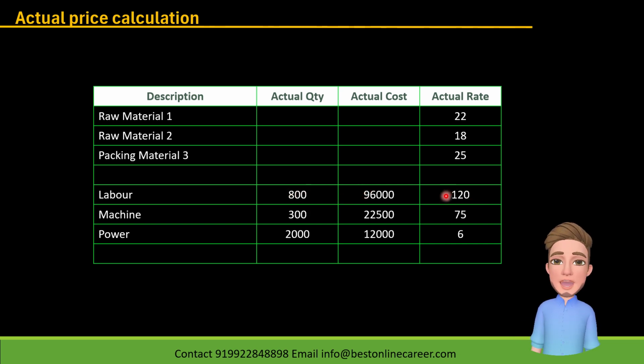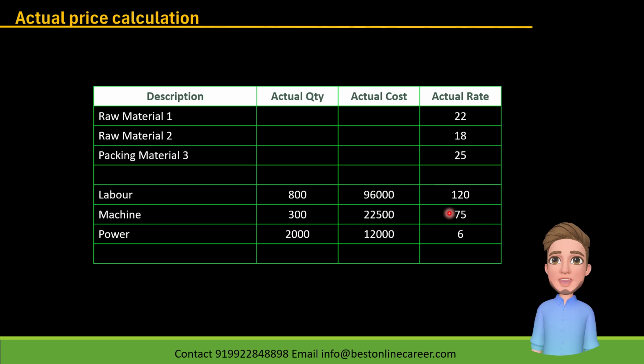During the month end, we perform an activity using which we determine the actual rate per unit of activity. Let's say per hour, per liter, per unit of power consumption, whatever might be your unit of denomination, you arrive at a per hour rate. Then there is machine cost, then there is power cost: 120, 75, and 6.